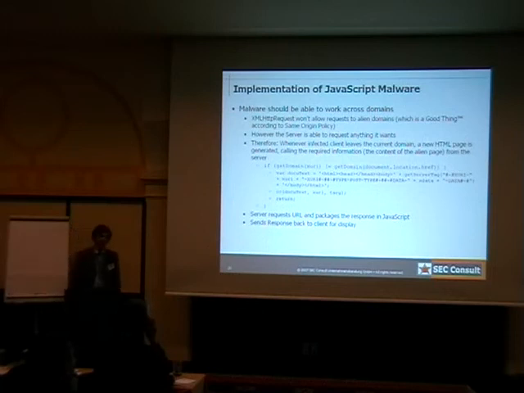Okay, this is possible when the user clicks on a link that points to the same domain. But due to the same origin policy, which is basically a good thing, XML HTTP requests won't allow requests to alien domains or other domains. The solution to this is that the server, of course, can request anything it wants.